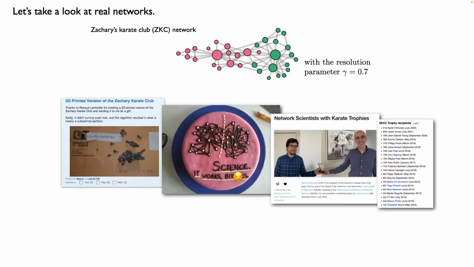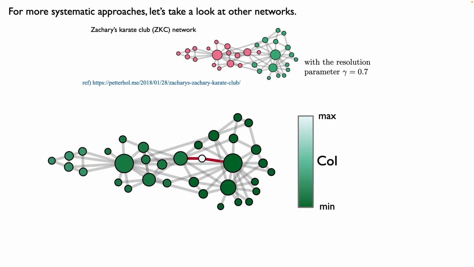And as most of the participants of this workshop would know, this is the most famous or infamous example of network community detection, Zachary's Karate Club network, where a karate club was split into two communities as a result of the fight between the instructor and the administrator, reported by the sociologist Wayne Zachary in the 70s.